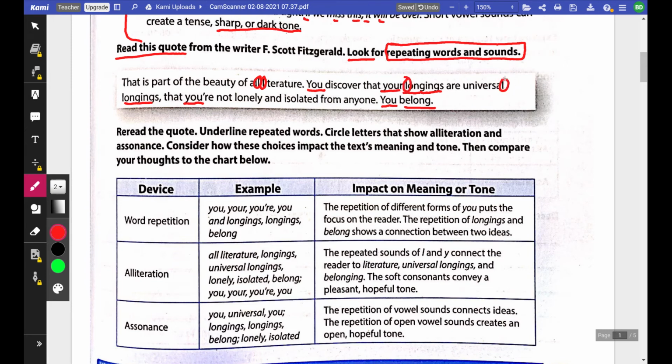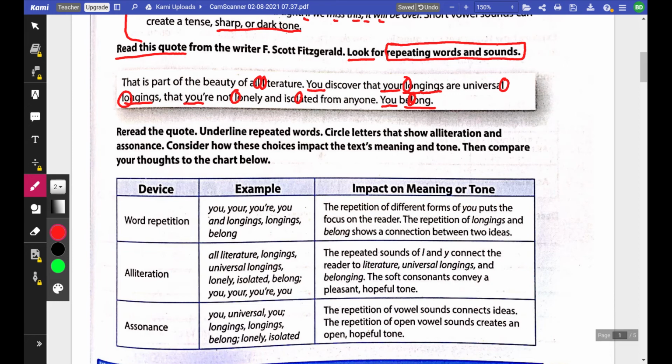We've got that little sound, and it's there again. And then we have the little sound in lonely. It's in isolated as well. And then we also have it in belong, this L sound. So there is a lot of that L sound being repeated.